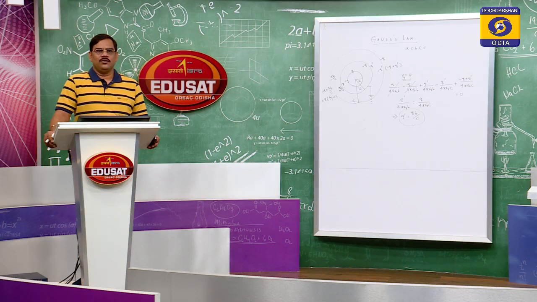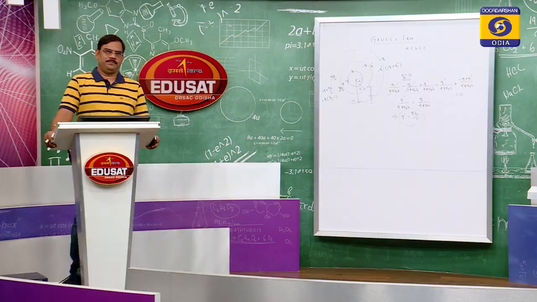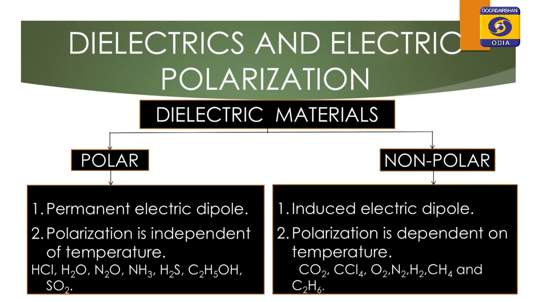The insulator will no more behave like an insulator beyond this electric field. So, if it is an insulator, there are no free electrons, all the charges are bound charges. Now, the dielectric materials are divided into two types, polar and non-polar.